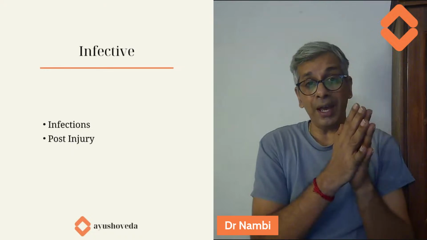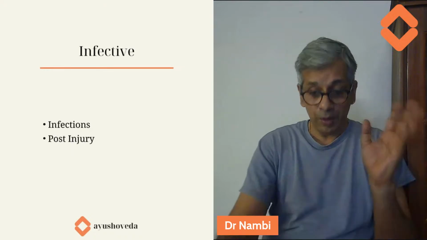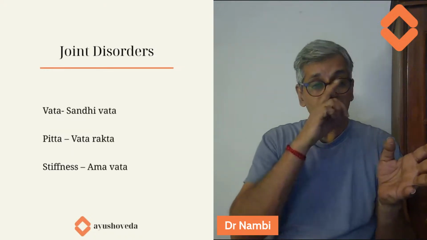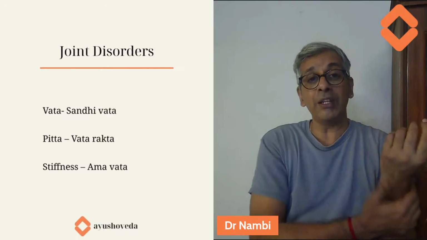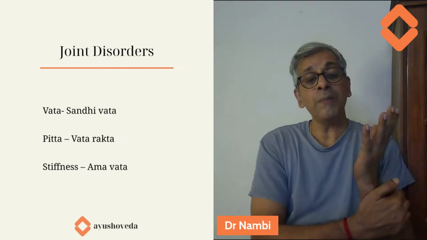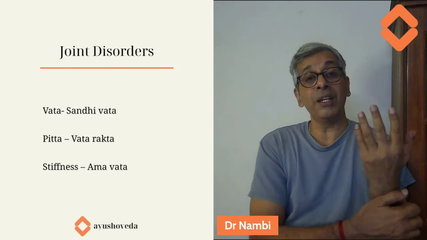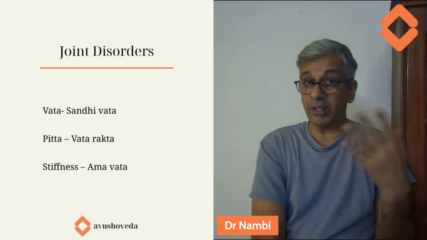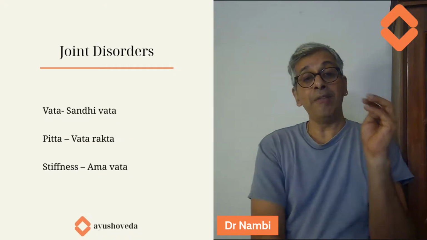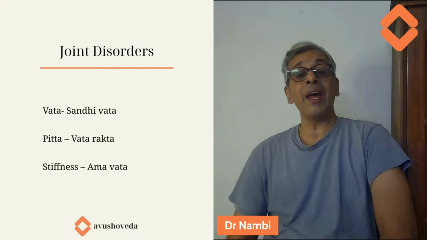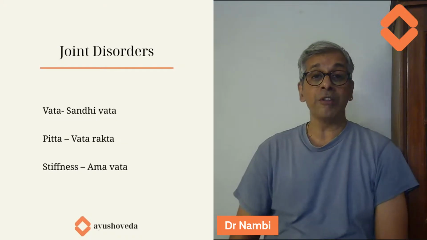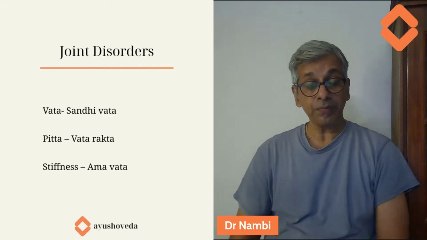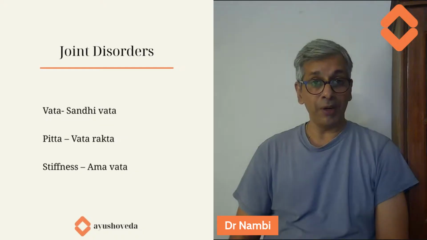So if a joint has got kapha, okay, we'll see that. Normally when there's predominance of vata, we call it sandhivata. When there is predominance of pitta, it can be considered vata rakta or rakta vata, people call that. And if there is a lot of stiffness and predominance of kapha, then you have got amavata.